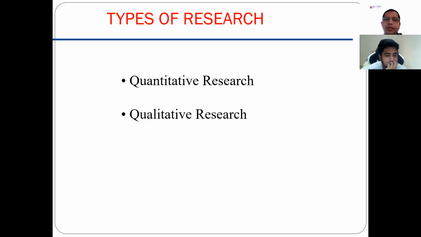Again, the article I sent to you last week has more information, and this week too, more information on the types of research you can get. So based on these factors I have explained, we can categorize research as quantitative research and qualitative research.